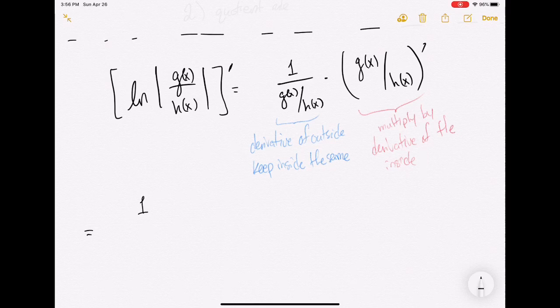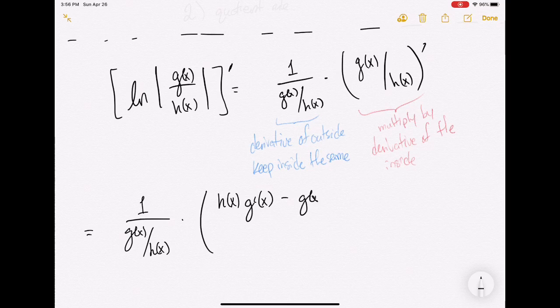So I'm just going to rewrite this first part out as is. And then the quotient rule. The quotient rule here is going to be bottom d top minus top d bottom all over the bottom squared.